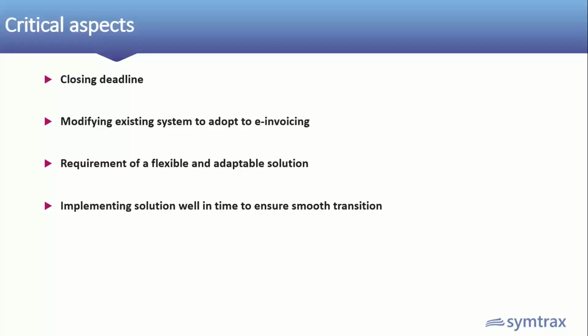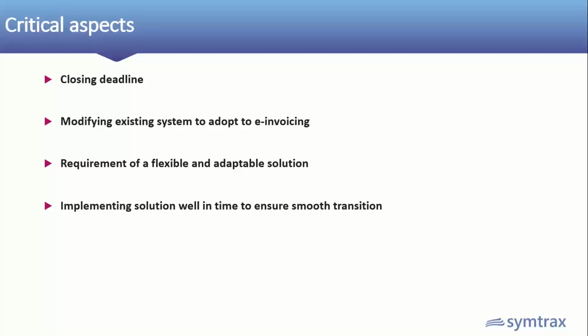Now, these are some critical aspects that are important for you to consider, since 1st of Jan is the deadline for going live for e-invoicing. The first point itself is the closing deadline. Since it's less than one working month to go, it's really important that the right solution is identified, which will help you to implement it fast, get stabilized soon, and have the transition in the proper way.